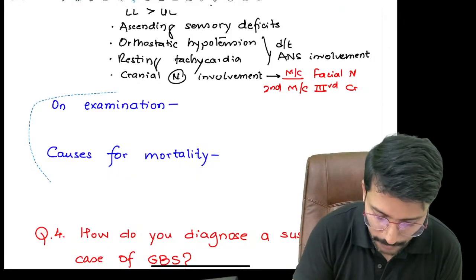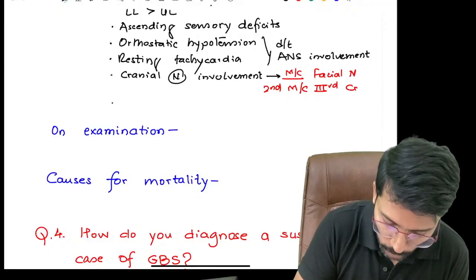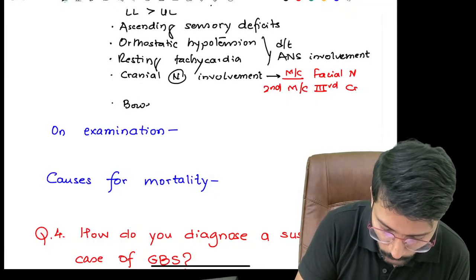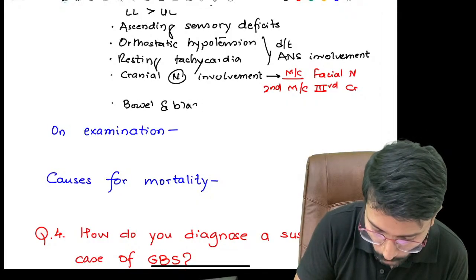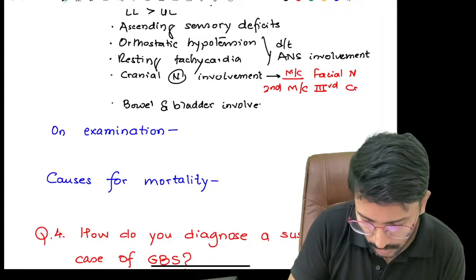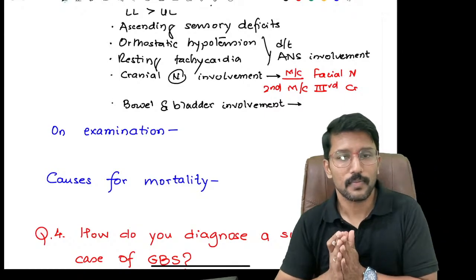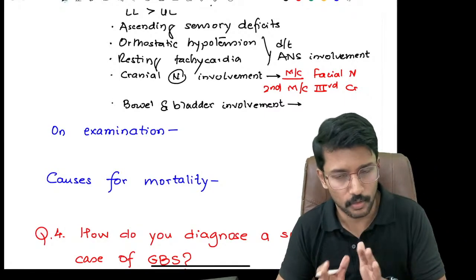Yes, the examination findings are going to help us differentiate. I think I probably forgot to tell you, will there be bowel and bladder involvement in a patient with GB syndrome? You may say, sir, bowel and bladder involvement is a classical finding of spinal cord involvement, right?